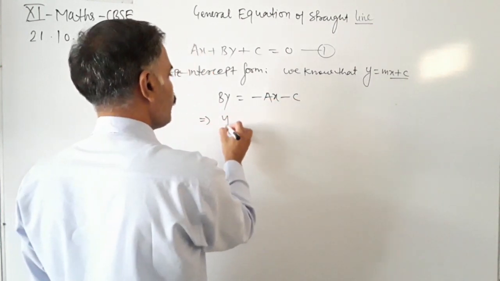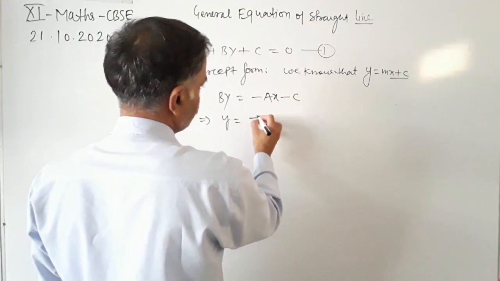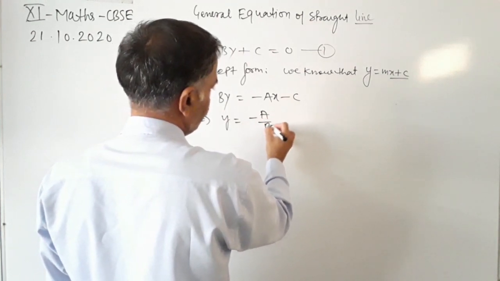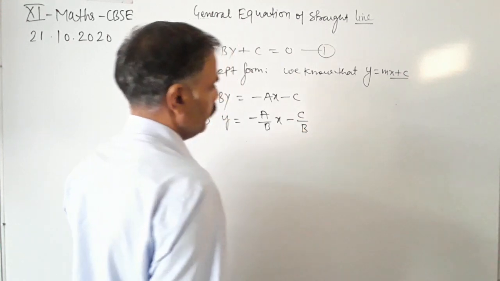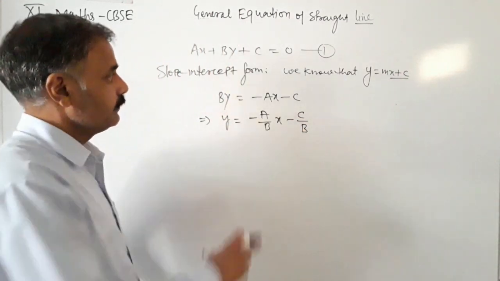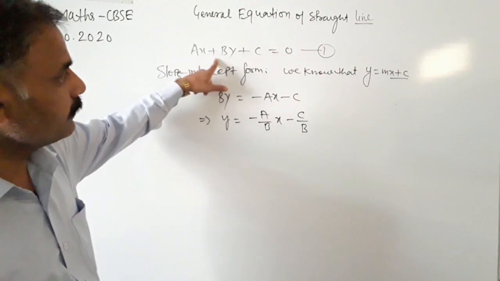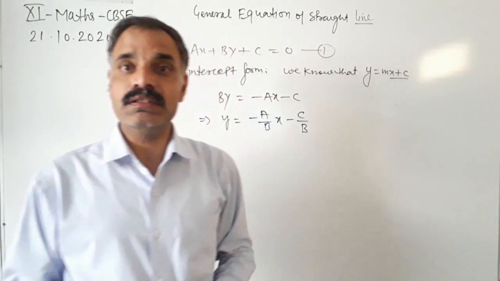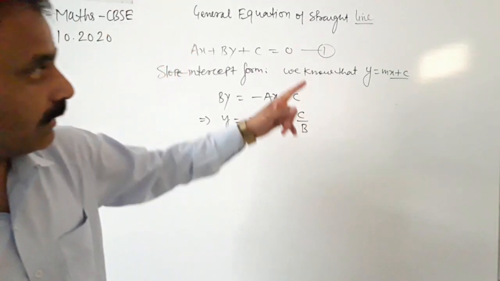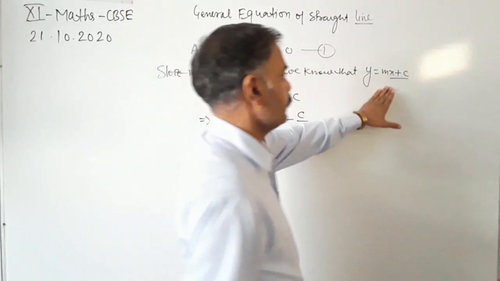Now y equals minus a upon b into x minus c upon b. So we have converted the general equation into the form y equals mx plus c. Now we will compare the two equations.